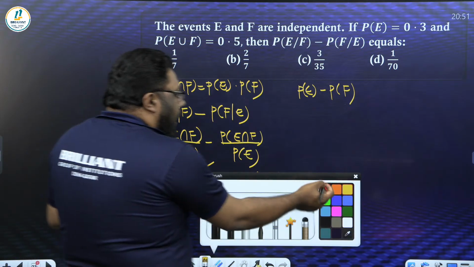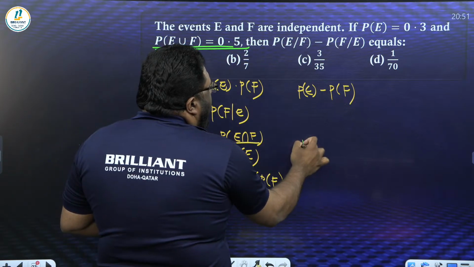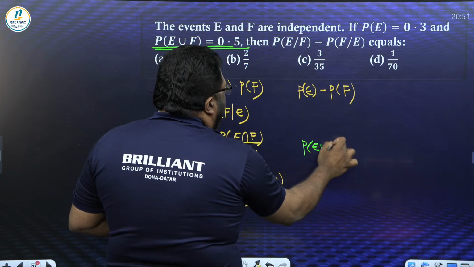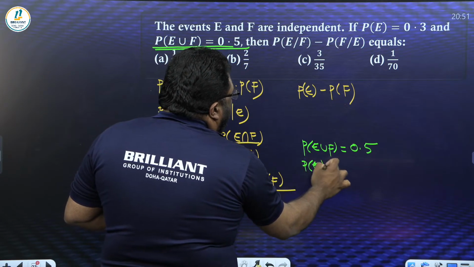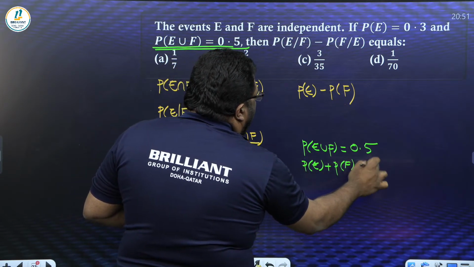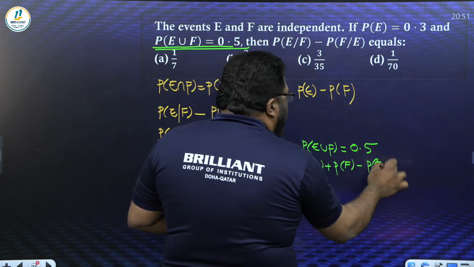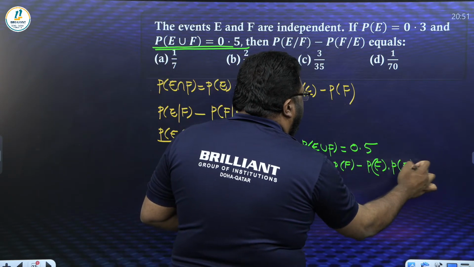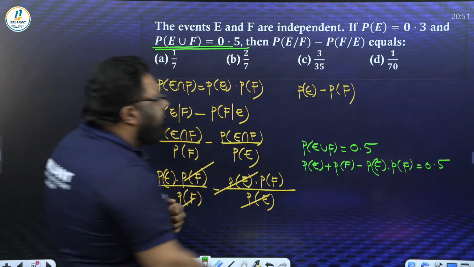So let's see, can I use this union for some good? P of E union F is equal to 0.5, which is P of E plus P of F minus P of E intersection F, which I know is P of E into P of F. Okay? P of E is what? 0.3.